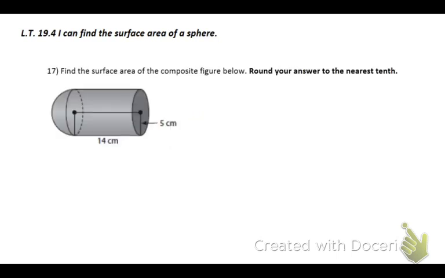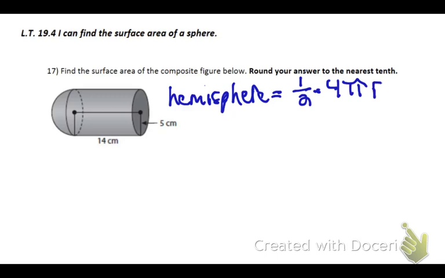Okay, maybe the last one here. So we just need to do the hemisphere, the lateral area of the cylinder, and then the bottom. All right, so first the hemisphere. The hemisphere is just going to be 1/2 times 4 pi r squared, because we know 4 pi r squared is a sphere, so it's half of that.